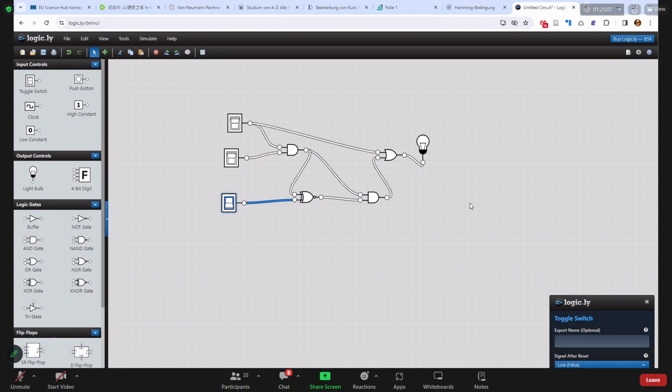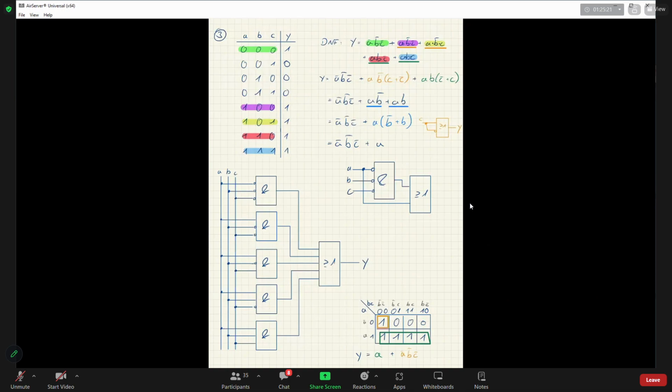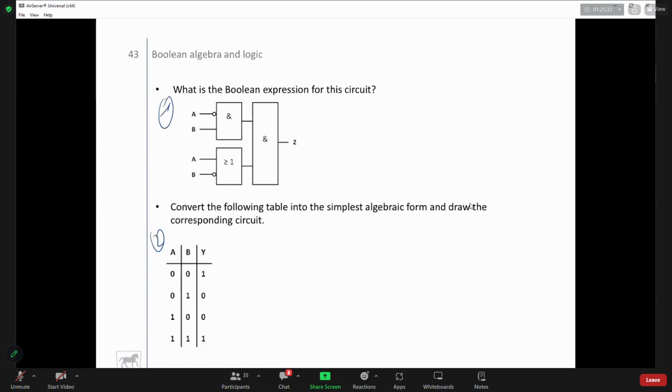Okay, thank you. You're welcome. Okay, then let's come to the next problem within that group. So what is the Boolean expression for that circuit?